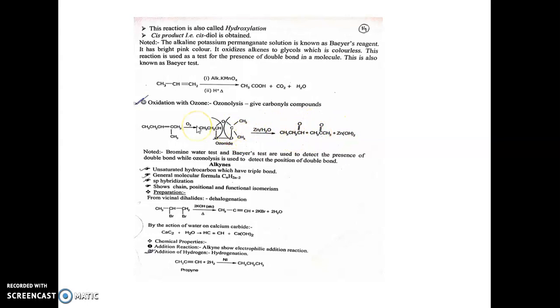It's up to you what reagent you are taking as an example. If it is H here, not CH3, then the second compound would be CH3C=O H, that is CH3CHO. So both parts will be either two aldehydes, two ketones, or one aldehyde and one ketone.